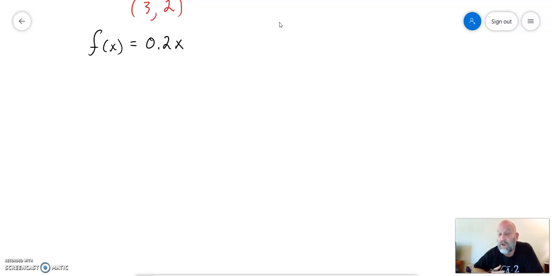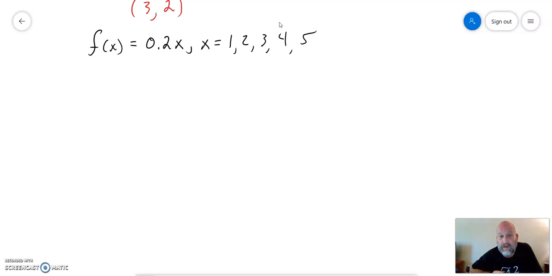Right? So that means whatever the x value is, if I want the y value, I multiply it by 0.2. Now, in addition to this, they're going to be giving you your x values as well. And so in this case, let's say x is equal to 1, 2, 3, 4, and 5, right?